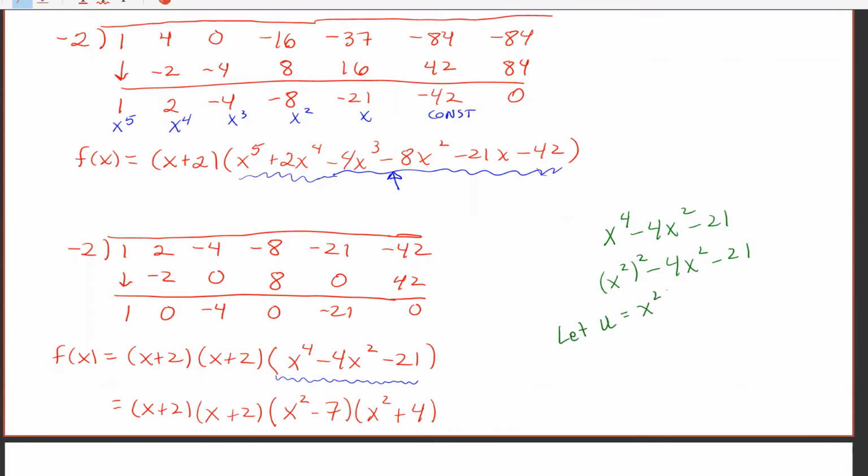You remember we would let u equal x squared. So now you have u squared minus 4u minus 21. And there you're looking for, hey, what two factors of negative 21 add up to negative 4? That's minus 7 and plus, oops, this should say plus 3 here, my bad, and plus 3.